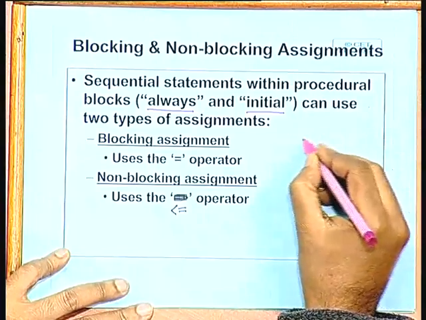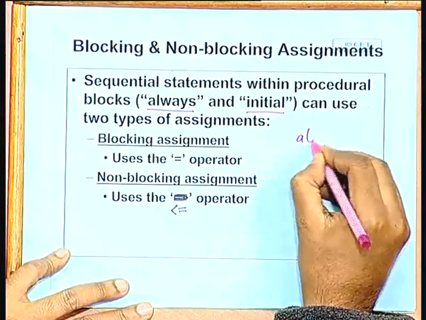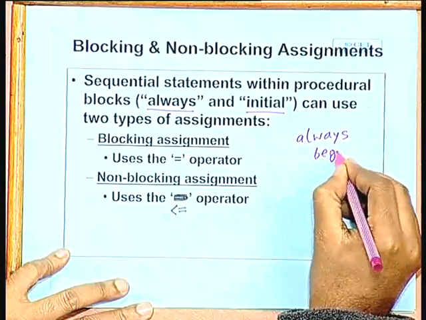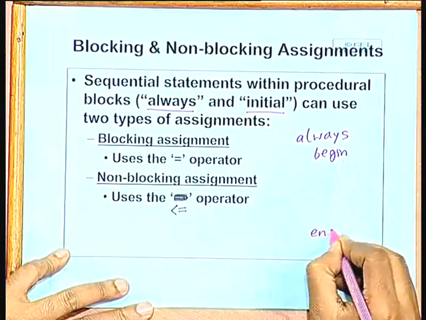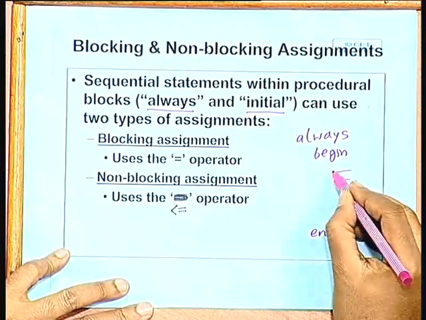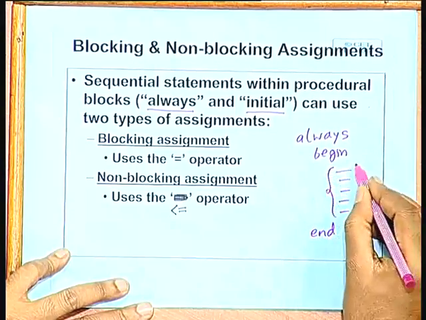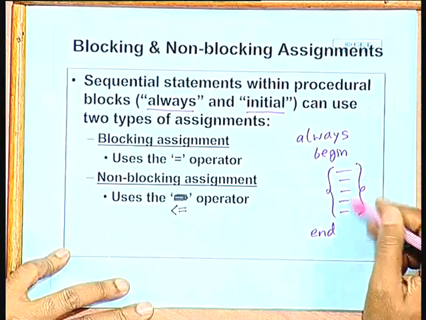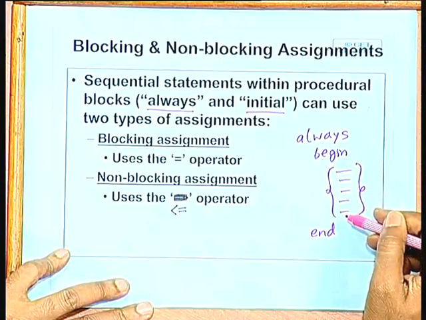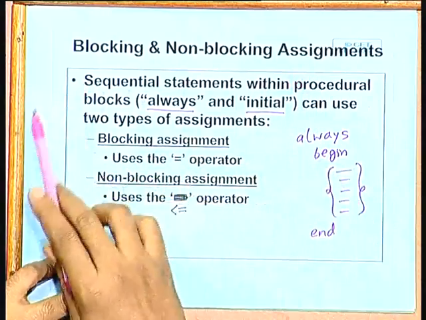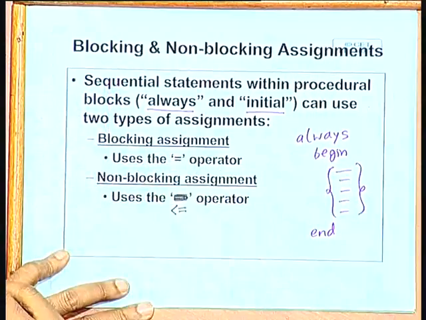Now, say inside always you have a begin, you have an end, and several statements in between. Exactly how these statements execute is distinguished by the kind of assignment we are making. There are two options, blocking and non-blocking.